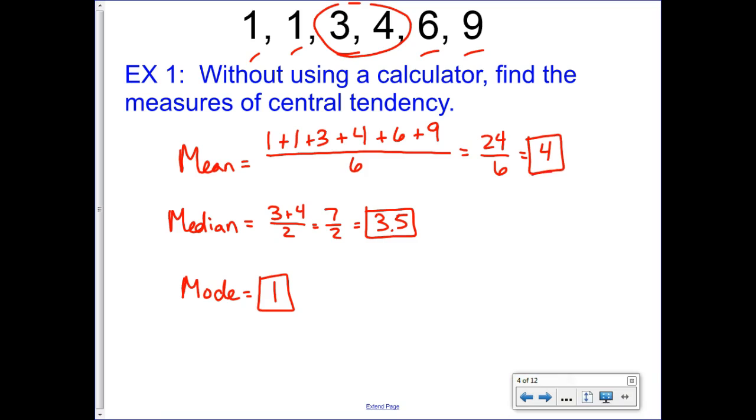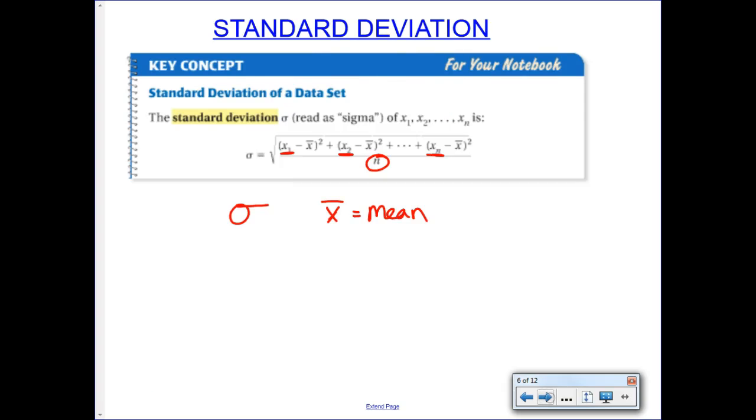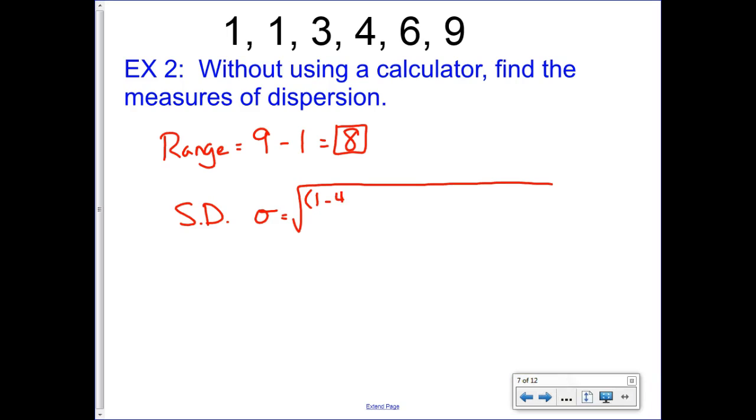Our mean was 4. So we're going to subtract 4, square it, then add our next data point. So 1 minus 4, square it, and then 3 minus 4, square that, 4 minus 4, squared, 6 minus 4, squared, and 9 minus 4, squared.